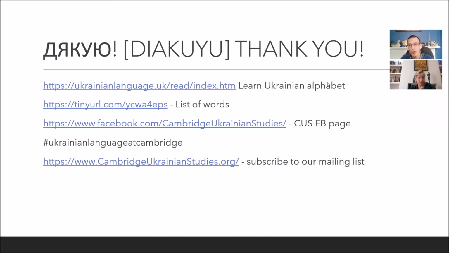So will there be more of these lessons? I enjoyed this one very much. Thank you very much. I'm happy to know that. If you live in the Cambridge area, you can sign up for Ukrainian open courses, and you can find them on our website.